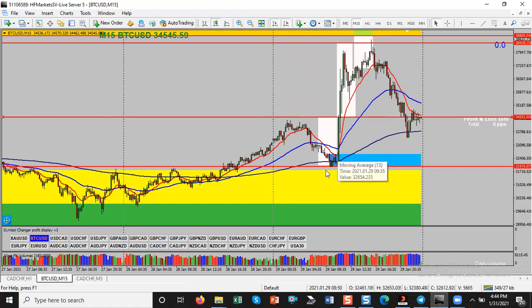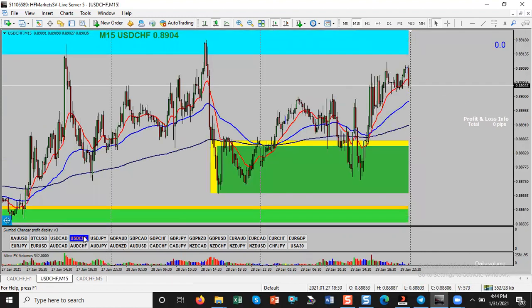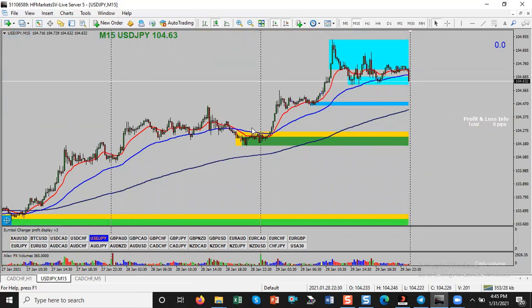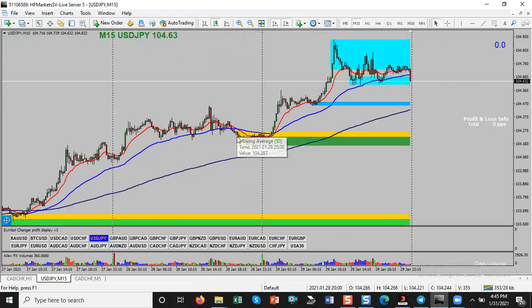So you must ensure these rules are met for a buy. Let's check another example. This is another example. We have the 4-hour demand zone showed up here.